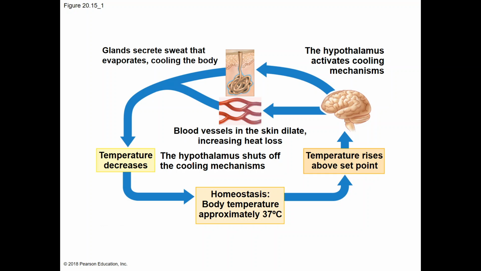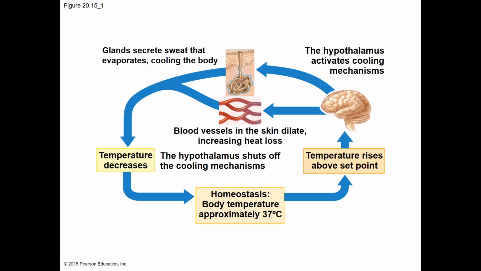So if we think about our bodies as kind of like a thermostat, it's not just with temperature, but with water levels and nutrient levels and all of the homeostatic conditions that we need to maintain. We have this negative feedback loop, which we can relate to a thermostat.